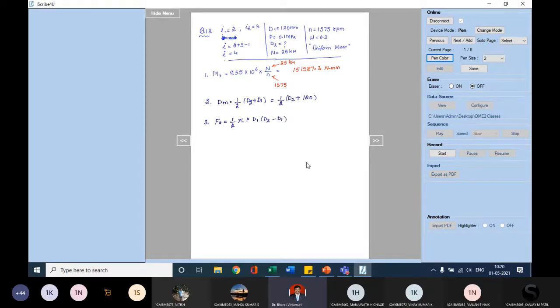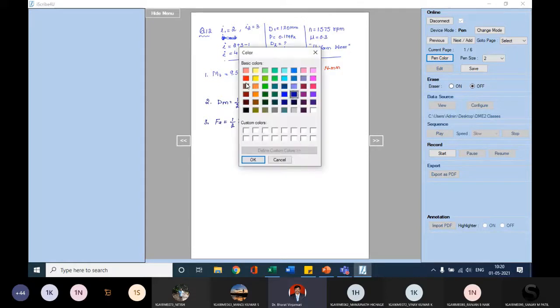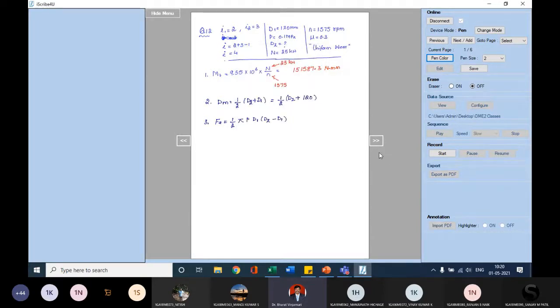So once again, guys, here you will substitute the values. FA will be equal to half pi P, where P is given as 0.1, multiplied by D1, which is 120, and D2, unknown, minus D1, which is 120.